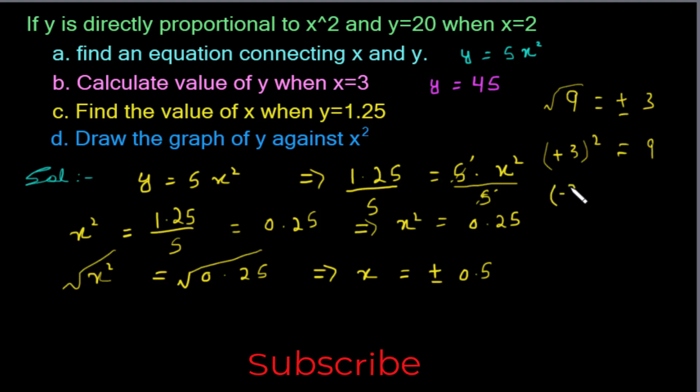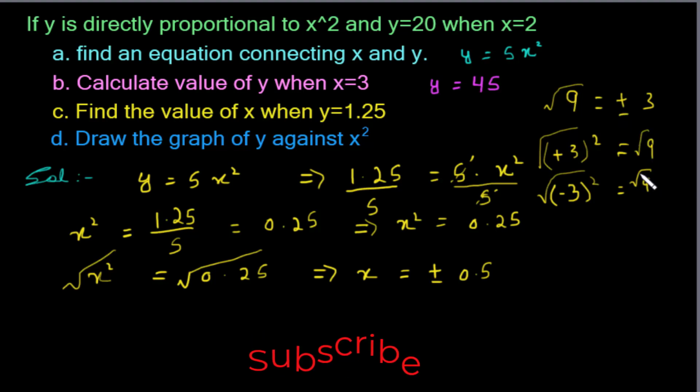And again for minus 3, if I take its square, I will again get 9. So both have the same 9, but the thing which we have just squared is positive and negative. That's why the reverse of the square must return this value. That is why, by taking the square root, we mention that plus or minus.